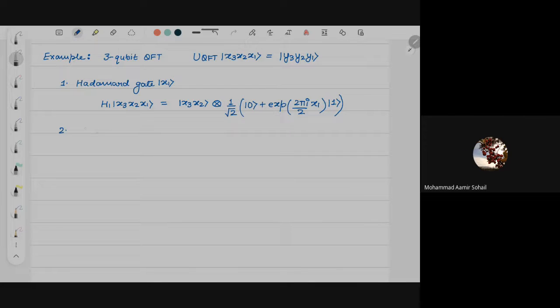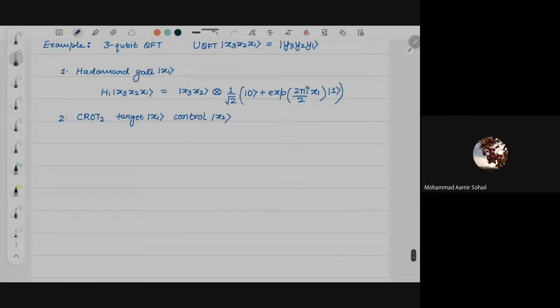And then we will apply the control rotation, control rotation 2, we can say here. The target will be X1, because we have reversed the order, and the control will be X2.